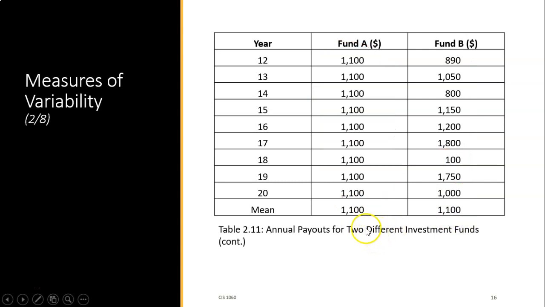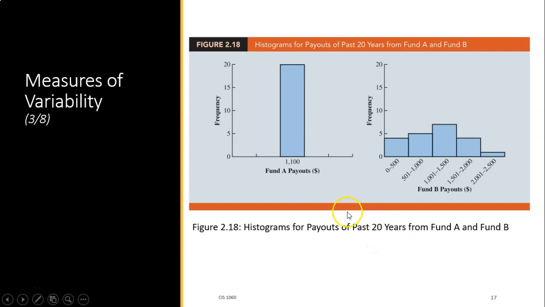So let's take a look at these and explore it a little bit. If I was going to create a histogram for each one, you can see that out of 20 years of payment, there have been 20 occurrences of an $1,100 payout.